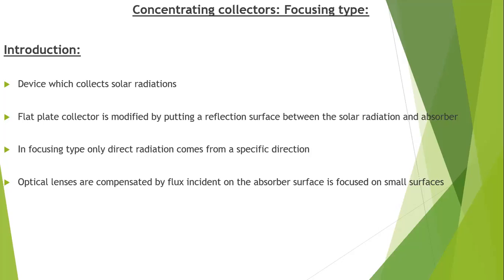So this optical system directs the solar radiation onto an absorber of smaller area covered by transparent covers. With the use of this optical system, more advantages are there, but a little bit of losses are there. What are the losses?